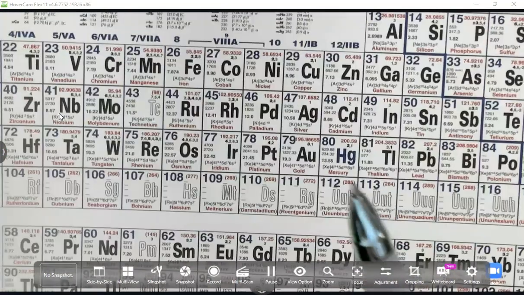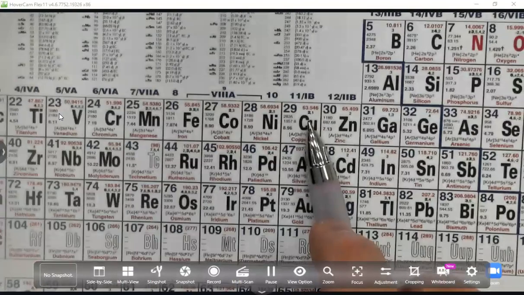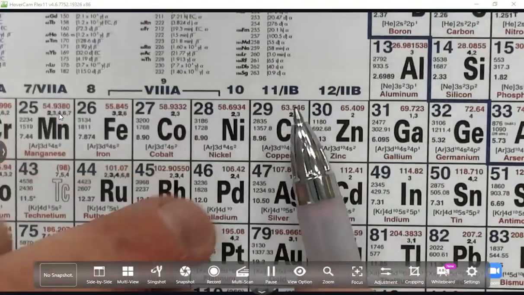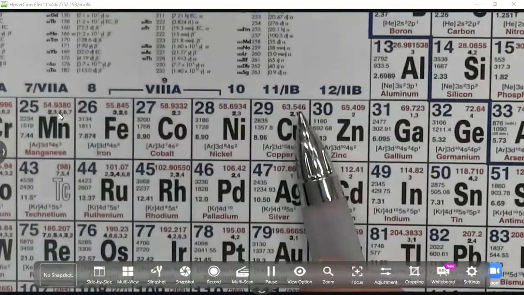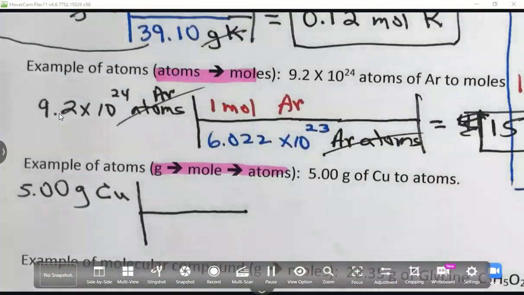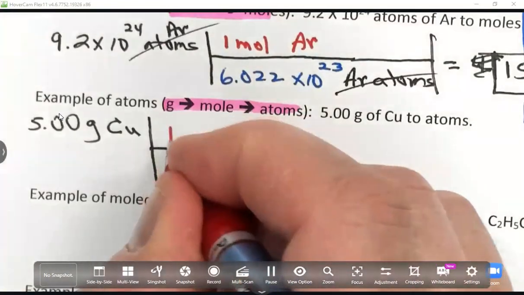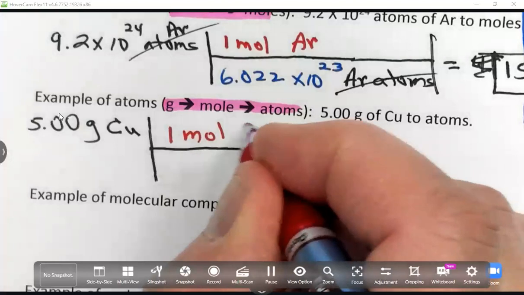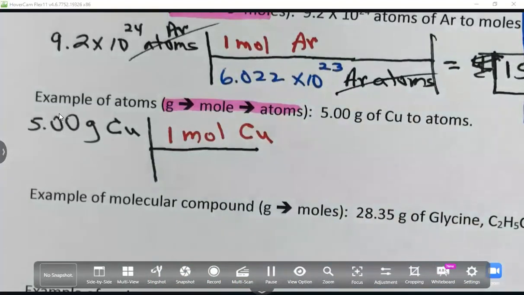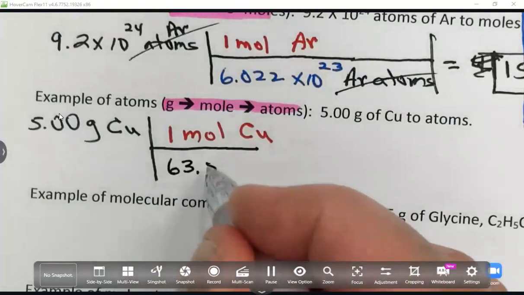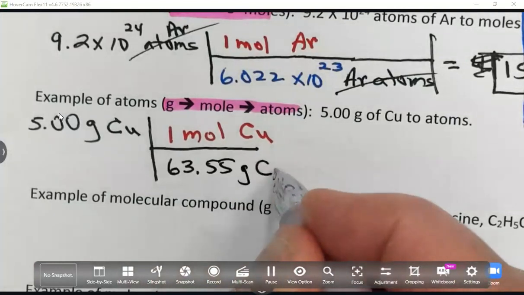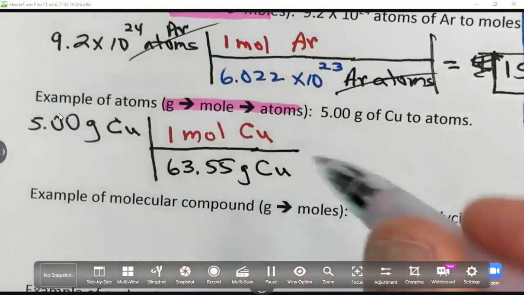Copper is right here. So if we do 2 decimal places on copper, we're going to do 63.55, right? So here we've got, remember, convert the moles and see if you're done. 63.55 grams of copper, and now I'm going to close this up.